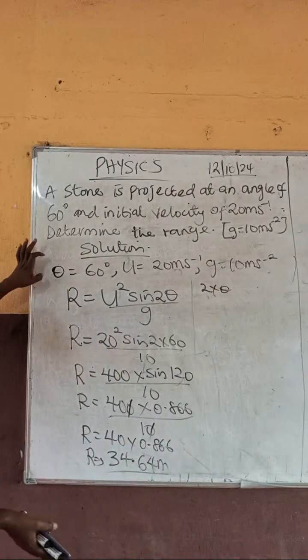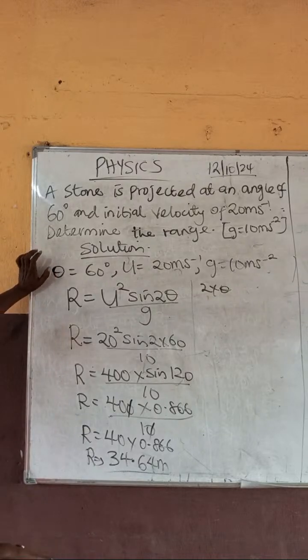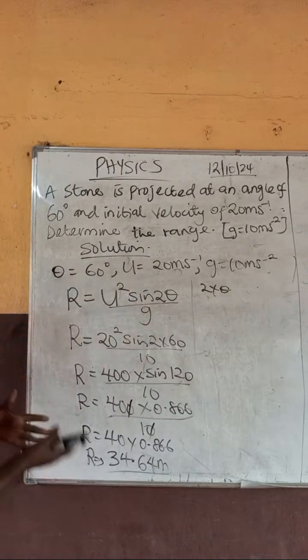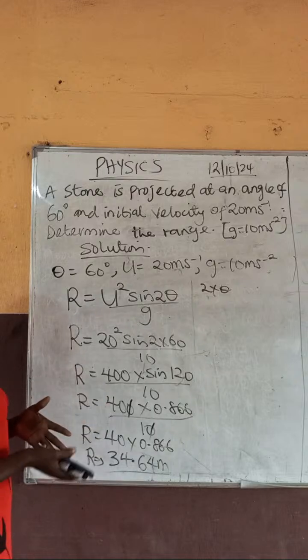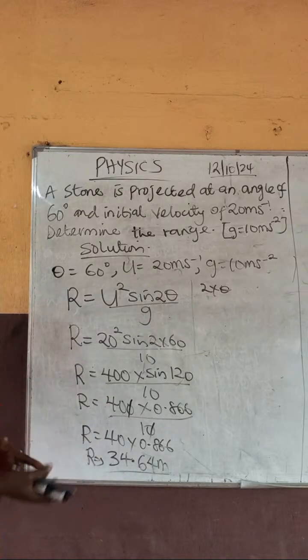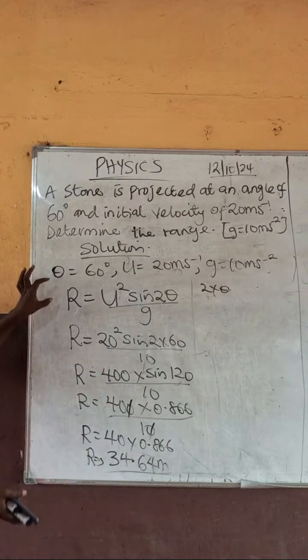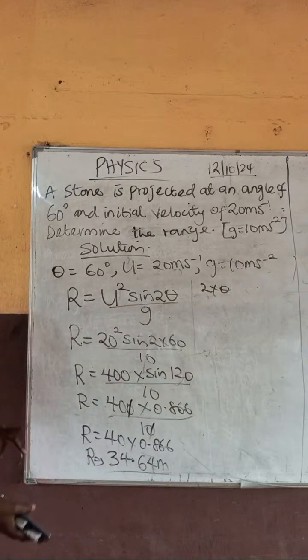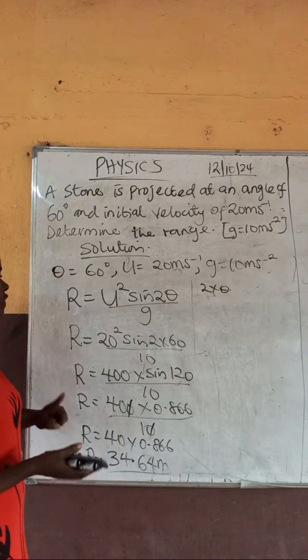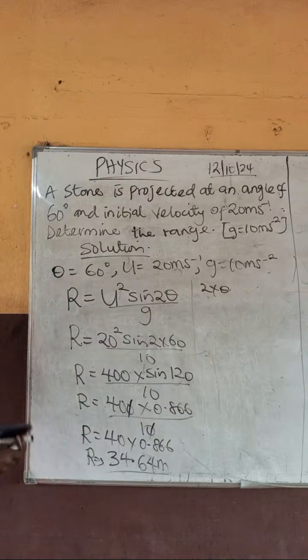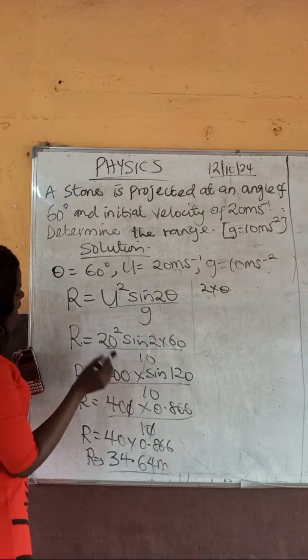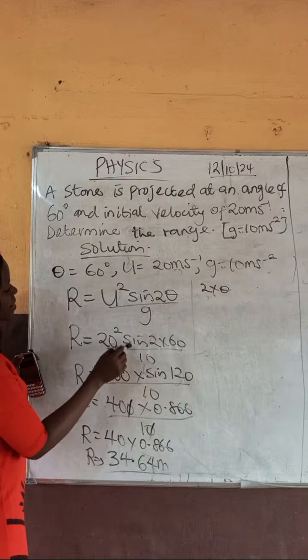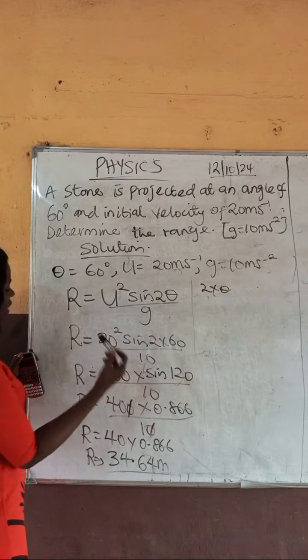Okay. So we have the angle 60 degrees, initial velocity 20 meters per second, and acceleration due to gravity as 10 meters per second square. So we are using R is equal to u square sine 2 theta over g. Now we substitute what we have: 20 square sine 2 times 60 all over 10.